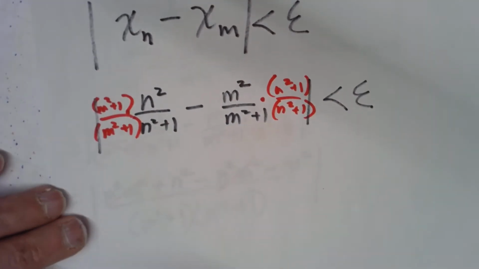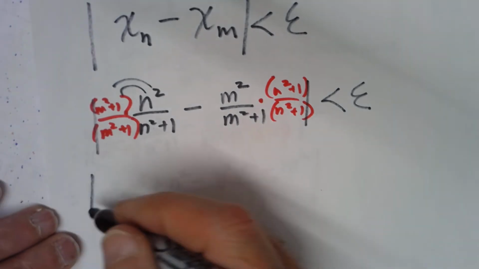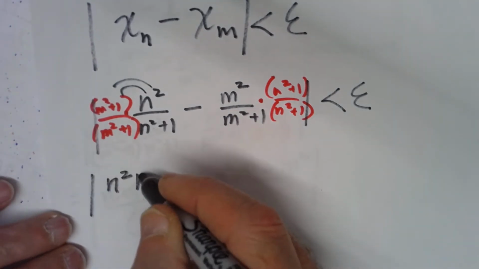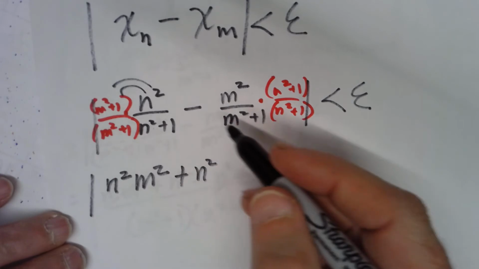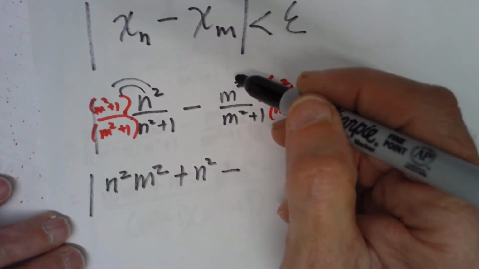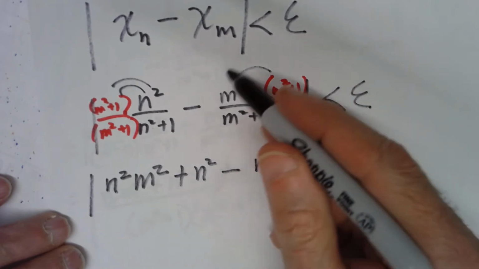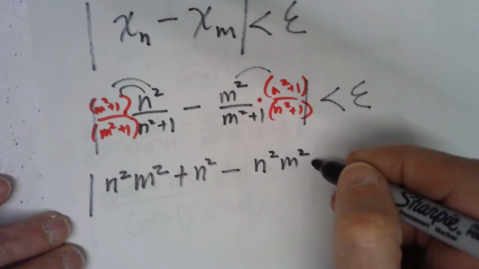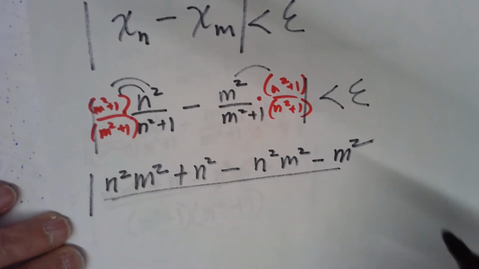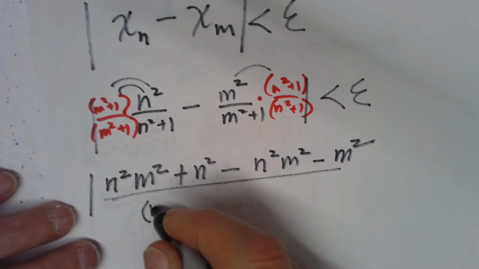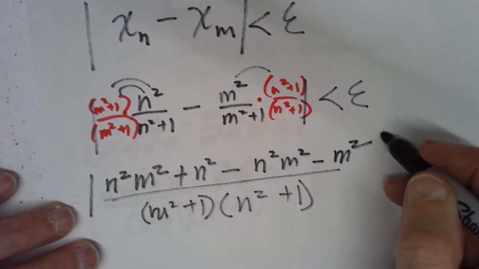Now we distribute: n squared m squared plus n squared times 1, which is just n squared, minus, and distributing the m squared, n squared m squared plus m squared times 1, so a minus m squared, all above m squared plus 1 times n squared plus 1, because we have a common denominator now.